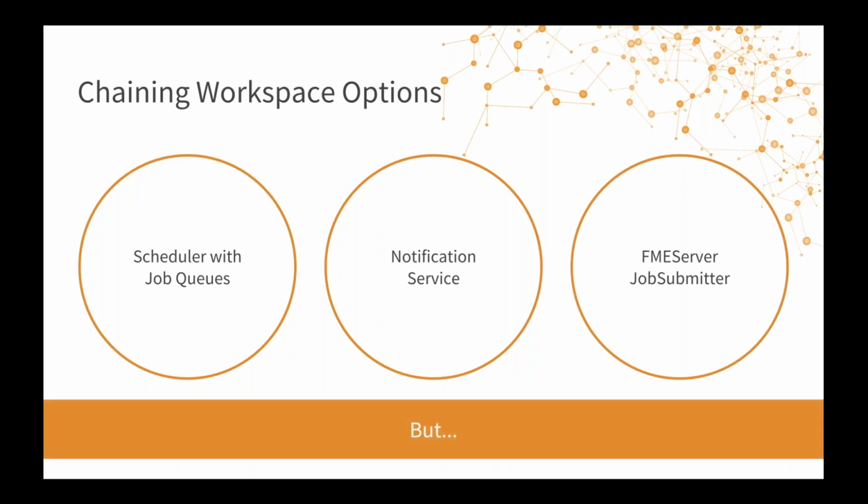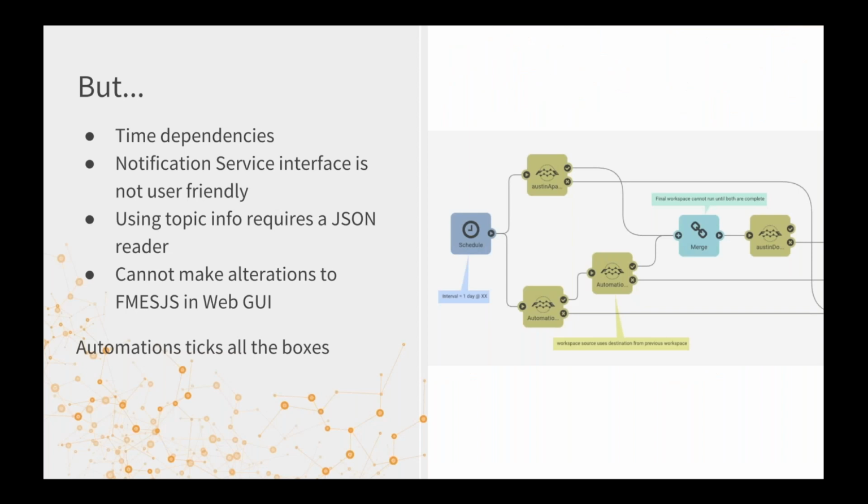But all of these options came with limitations. Perhaps with the scheduler, if there were time dependencies and you weren't sure how long your workspace would run, it might be hard to set up an accurate schedule. Again, the notification service interface is not that user friendly, and if you have quite a few inputs going in, then it might be hard to understand how you're chaining your workspaces together and if you have actually done that correctly.